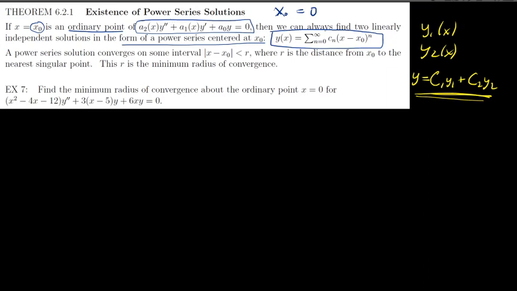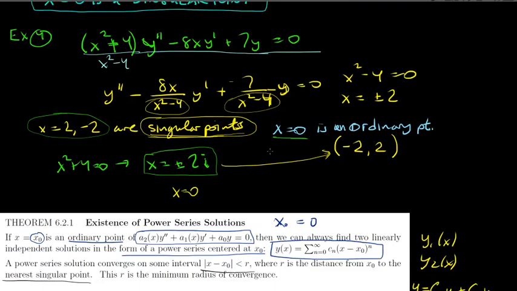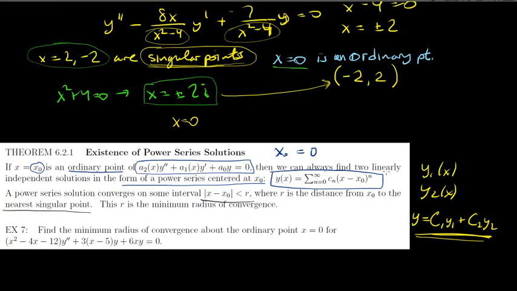And of course, where does it converge? It's going to converge on some interval, where r is the distance from x0 to the nearest singular point. That's what I was talking about earlier. If your x0 is 0 here, and your nearest singular point is at -2 or +2, in fact they're the same distance away from 0, then that might be your interval of convergence.